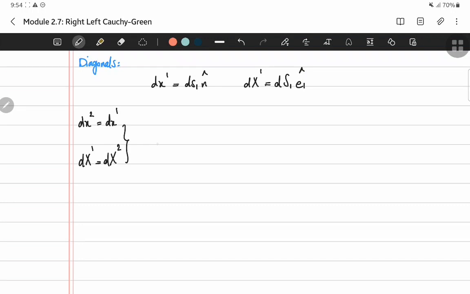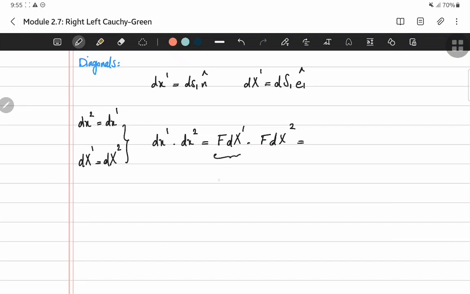So what I have in here is dx1 dot dx2 is equal to F dX1 dot F dX2.